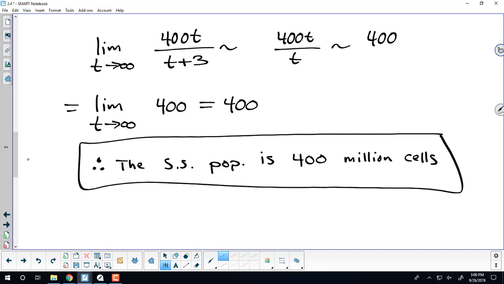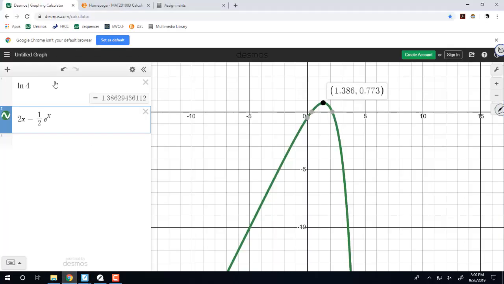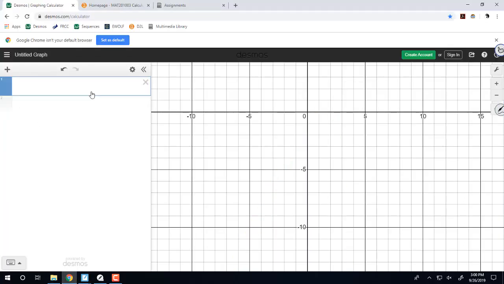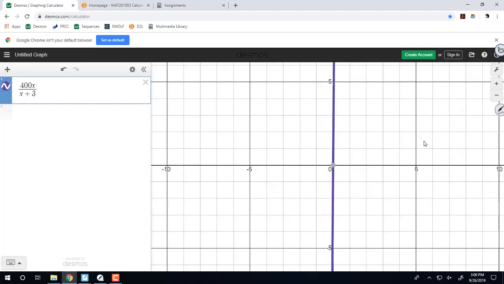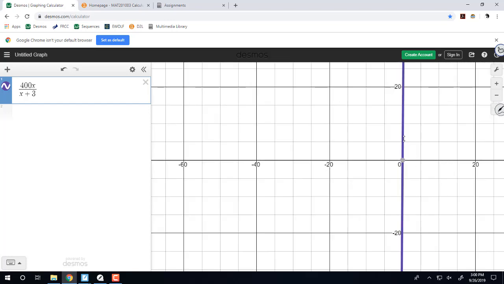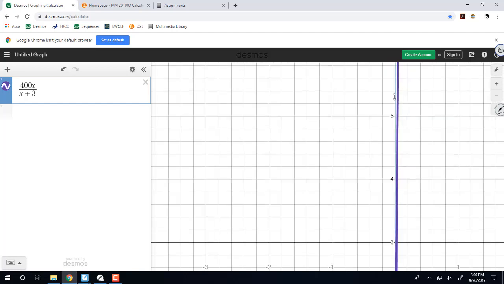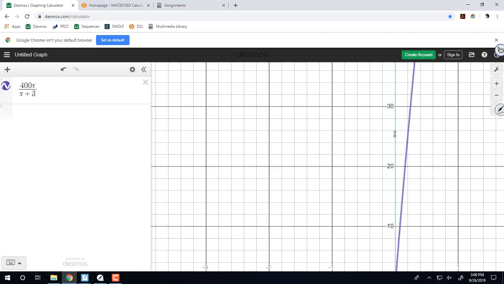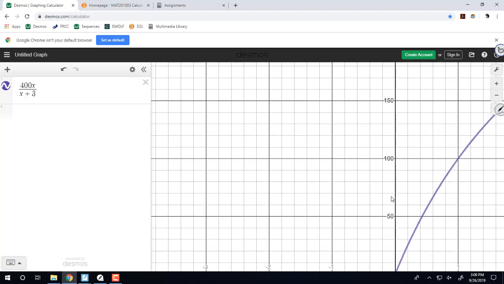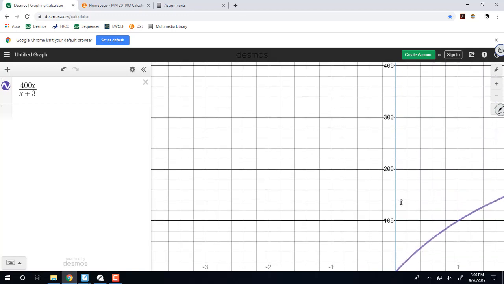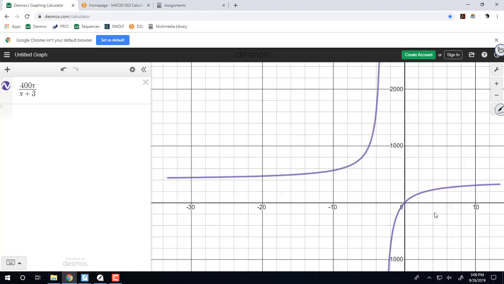Now, it should be really obvious if we look at the graph of the population function. Okay, so here's our population function.